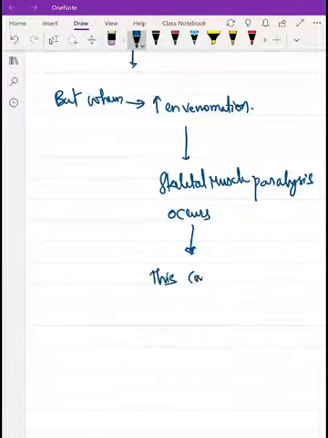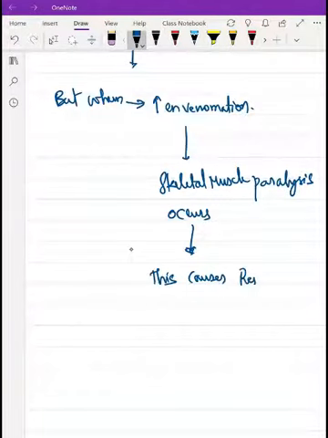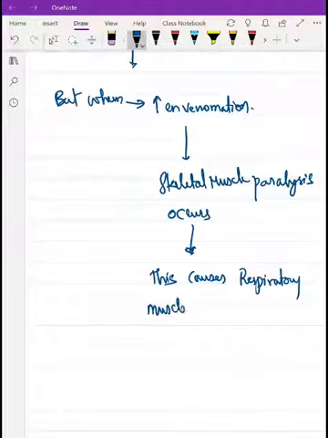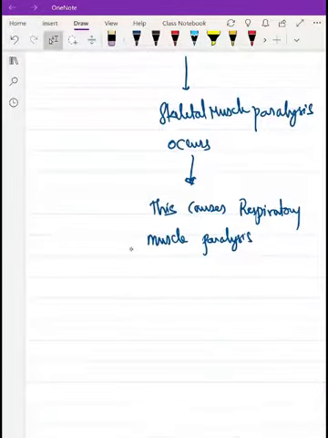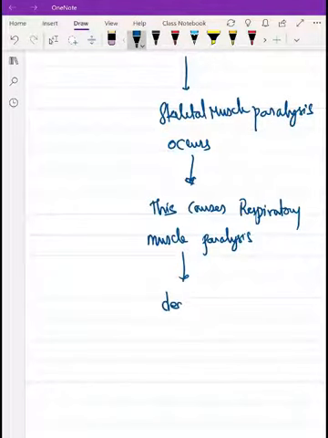This causes respiratory muscle paralysis and eventually leads to death.